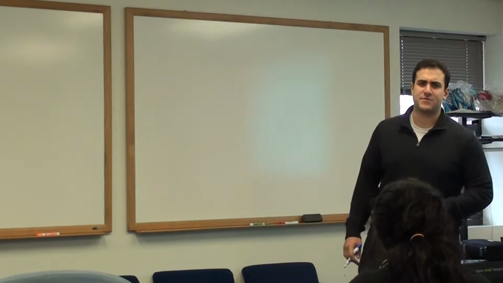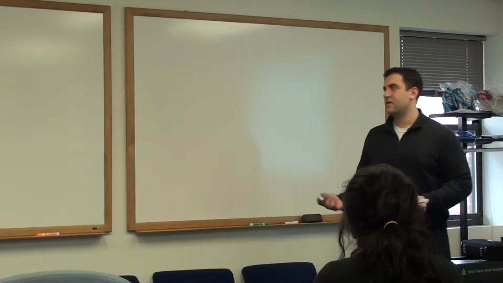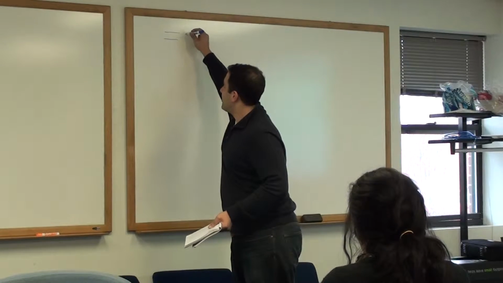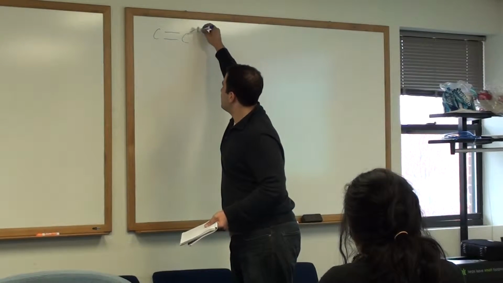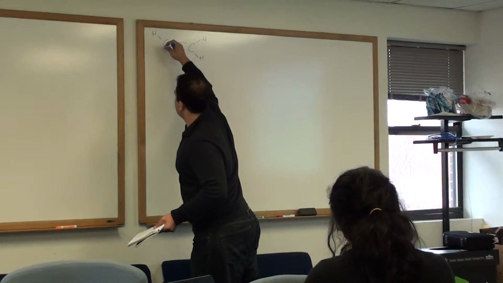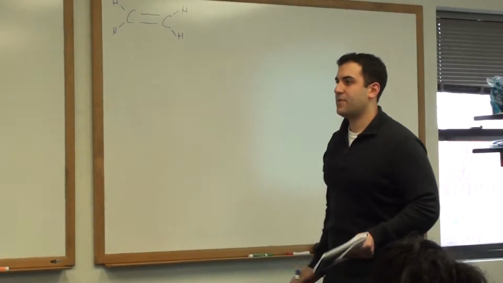As you remember in last class, we discussed polymer chains and how they form through polymerization, where you start with a monomer. In this case, we can look at ethylene gas. And through a radical polymerization, this double bond opens up.